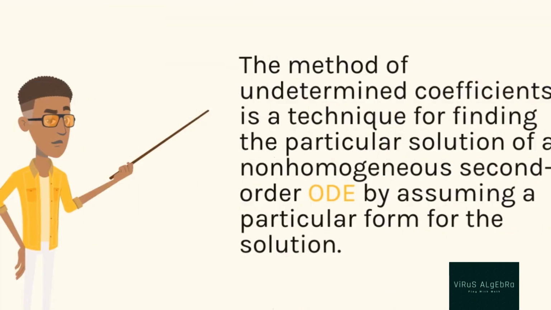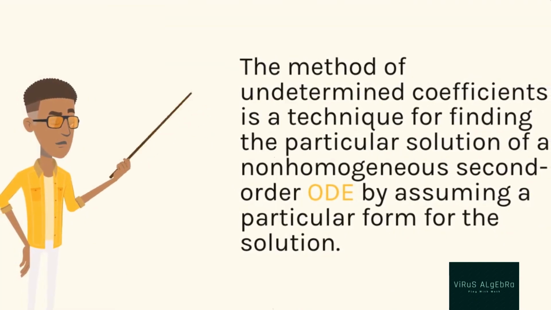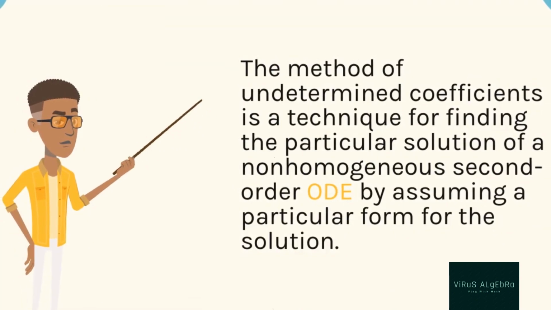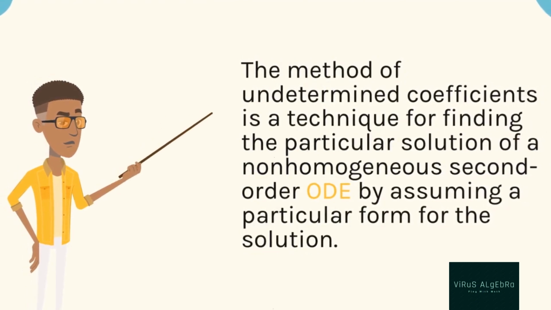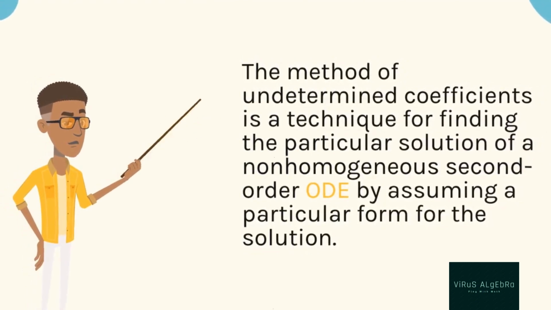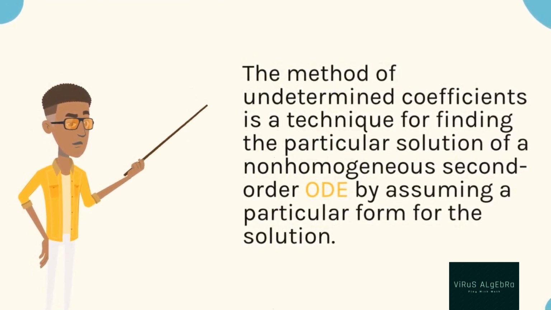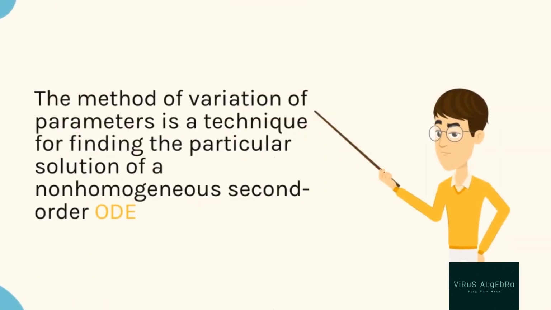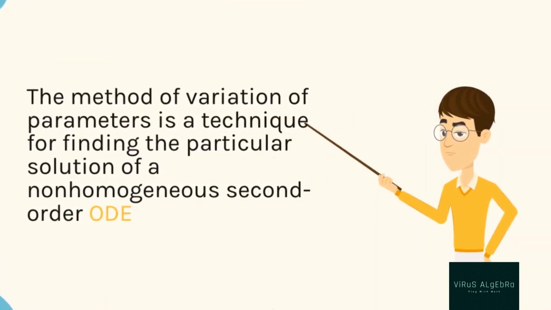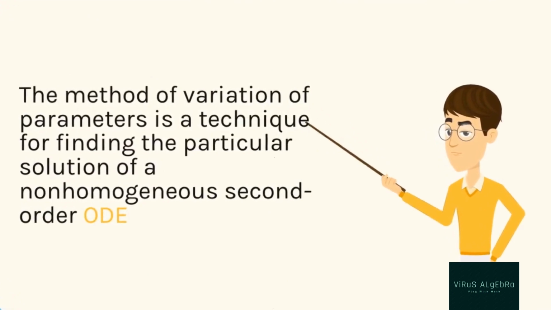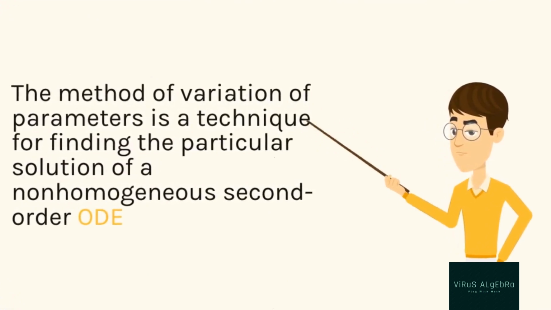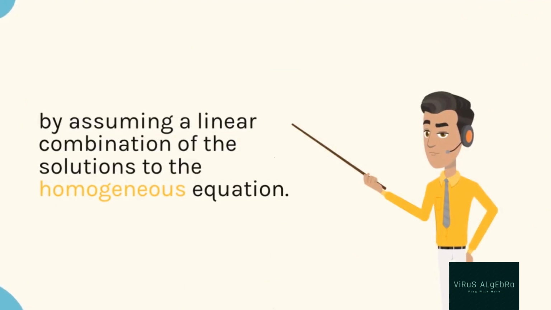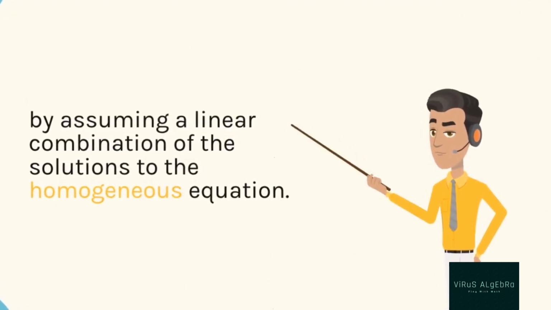The method of undetermined coefficients is a technique for finding the particular solution of a non-homogeneous second-order ODE by assuming a particular form for the solution. The method of variation of parameters is a technique for finding the particular solution of a non-homogeneous second-order ODE by assuming a linear combination of the solutions to the homogeneous equation.